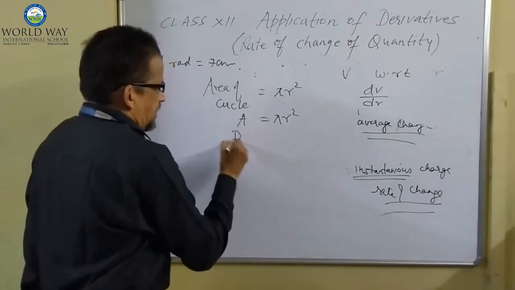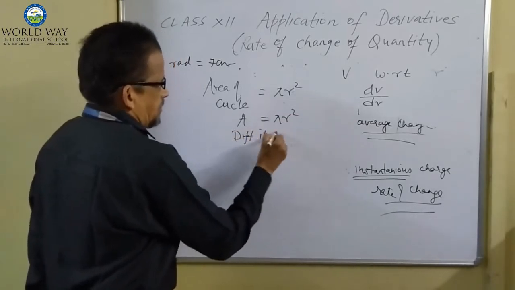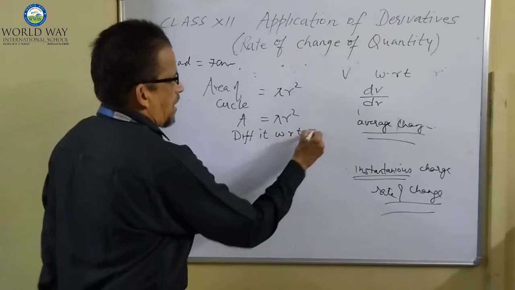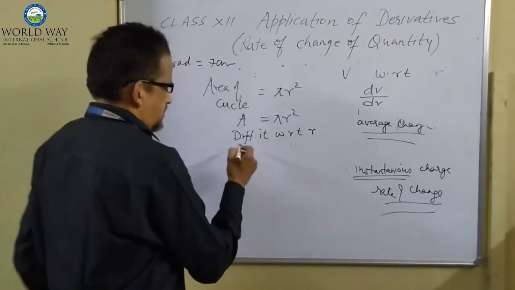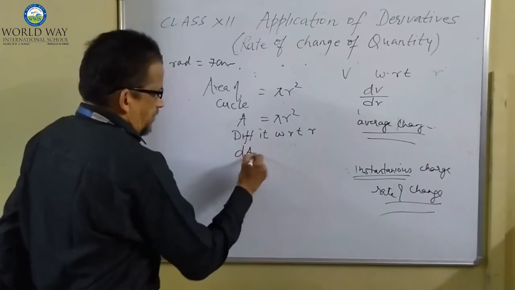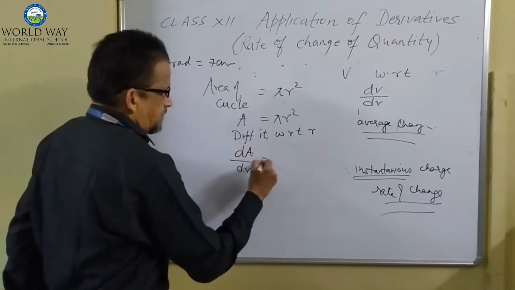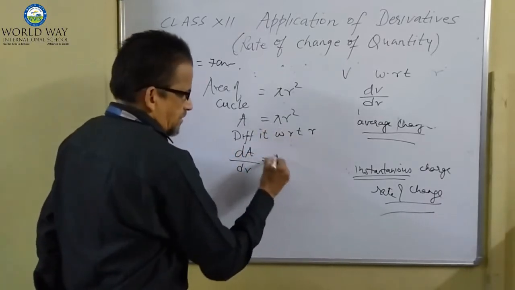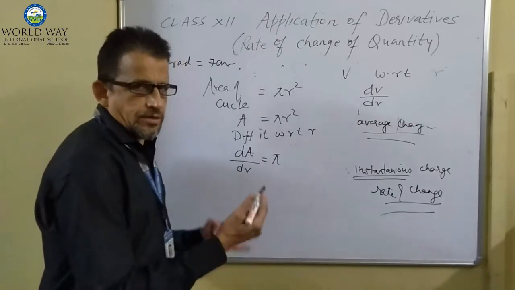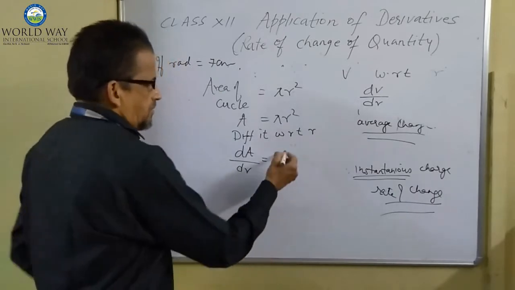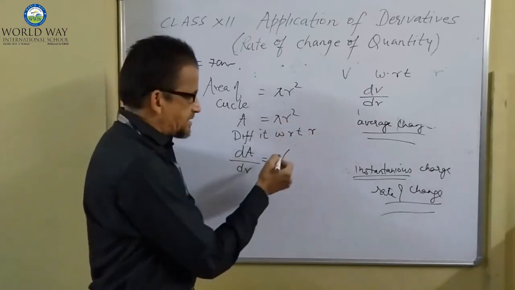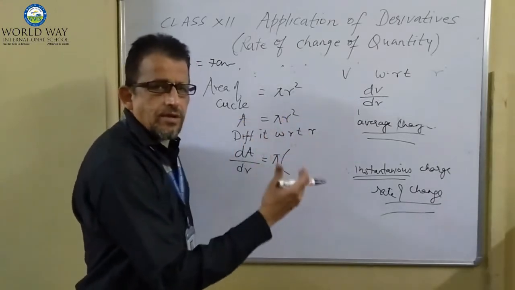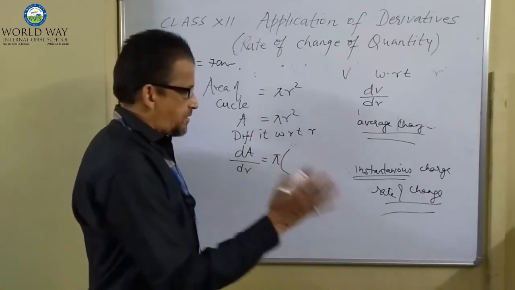To differentiate it with respect to r, because the question says with respect to radius. So dA upon dr, pi is a coefficient of r square, and is considered to be a constant term. All given values are considered to be constant.